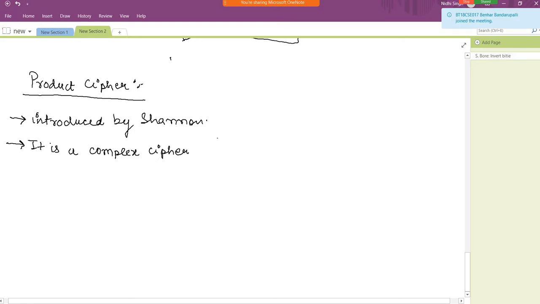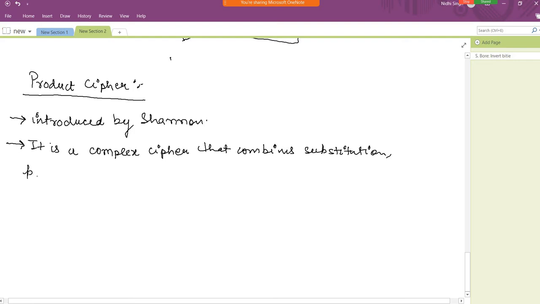So it is a complex cipher that combines substitution, permutation and other approaches. What are those other approaches?